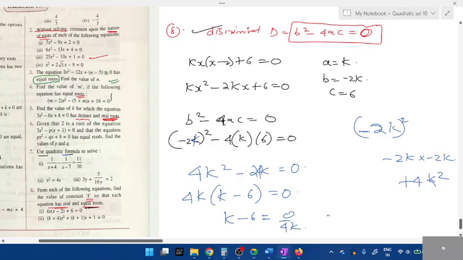Is this clear? K minus 6 is equal to 0. What is the k value, student? Plus 6, plus 12. Can you check the answer of the 8th main first one? I think that's it. We don't need to use long division here. 6 should be the answer.